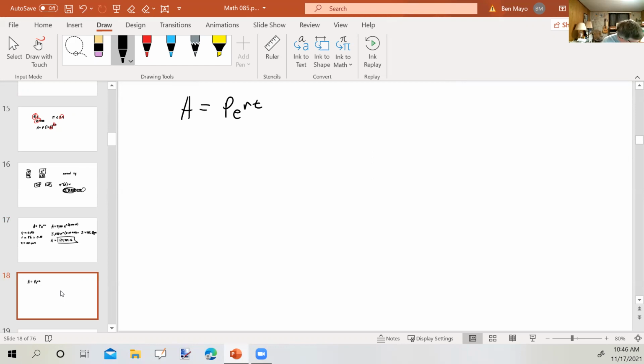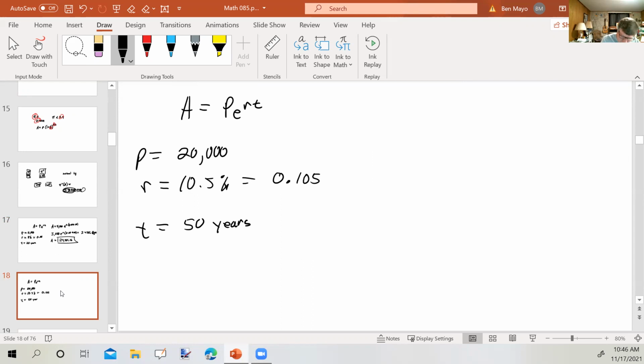Okay, in this case, P is 20,000, r is 10.5%, which is 0.105, and t is 50 years.